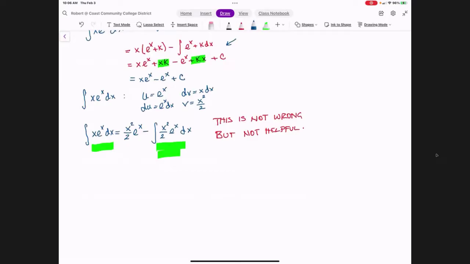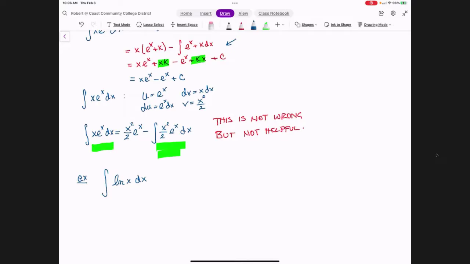So here's an example of something that's not on our list of basic antiderivatives, the natural log of X. We know what the derivative of it is, but we don't know until today what its antiderivative is.